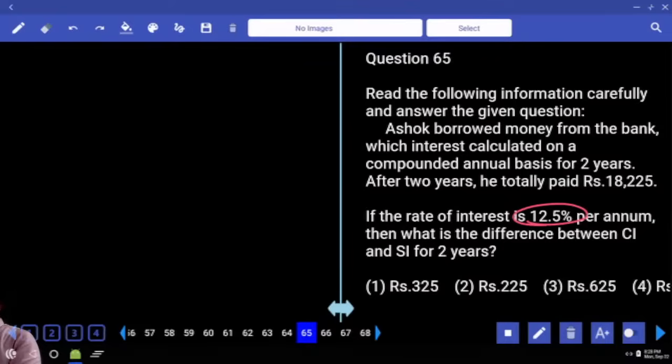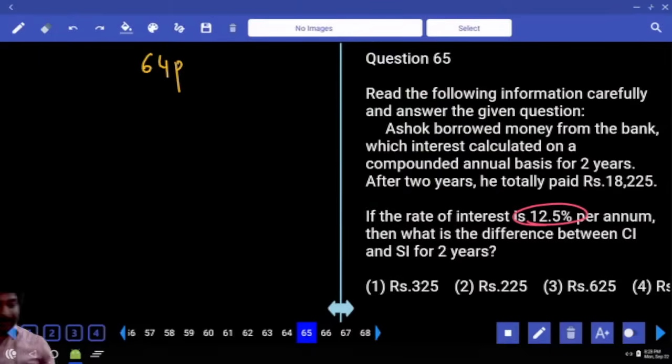If it is given for 2 years, 8 square, 64. So you need to start your principal as 64. We are increasing the number, so I'll take our principal as 64 parts, not in terms of percentage. You can definitely take 6,400, but you are increasing the number, which I don't like.